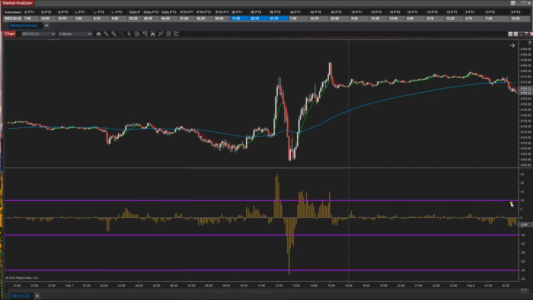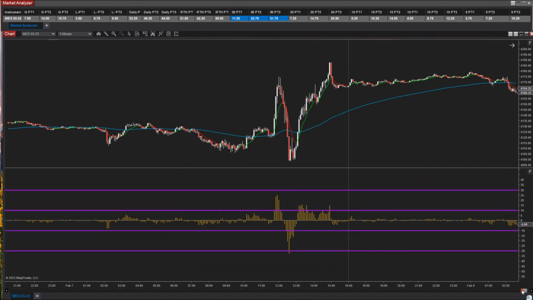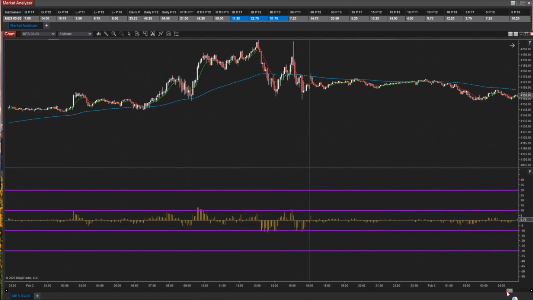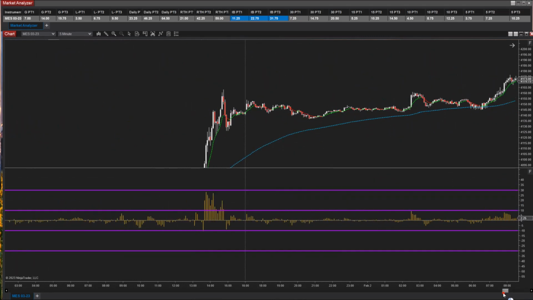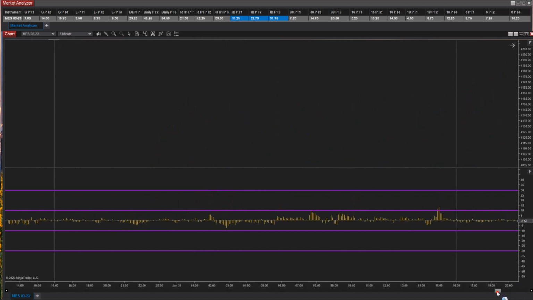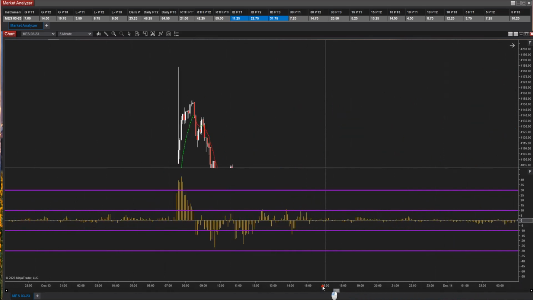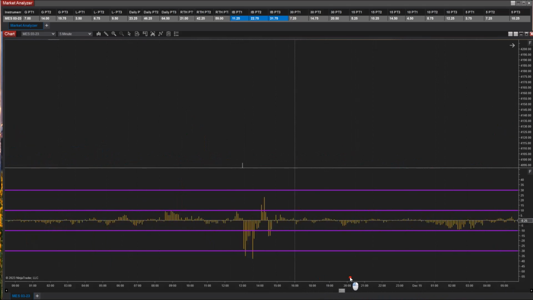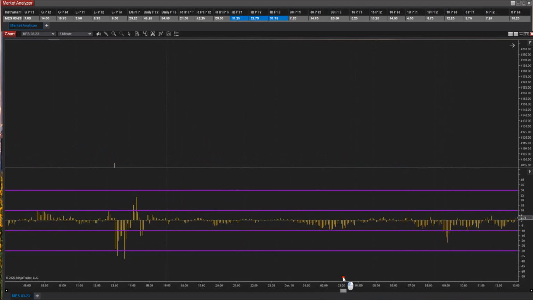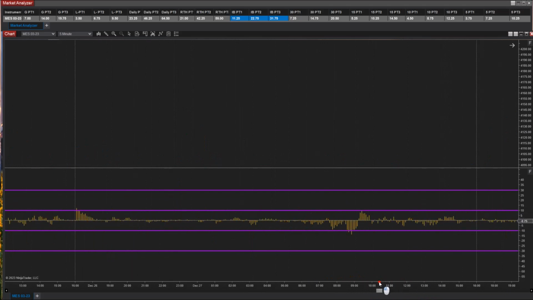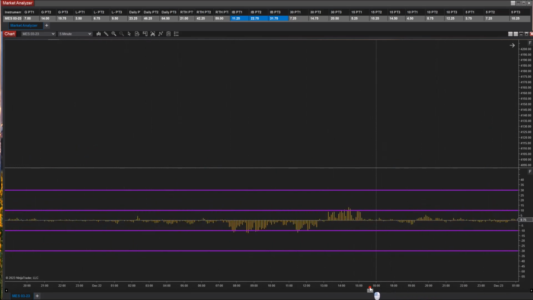So here's a 30-30. And you can see here that 8 EMA didn't quite get up to the 30, but it looks like it stays inside 30-30 a lot. So you know that 30 points with an 8 EMA, it pretty much stays in there. It looks like it slipped under just a little bit right here.